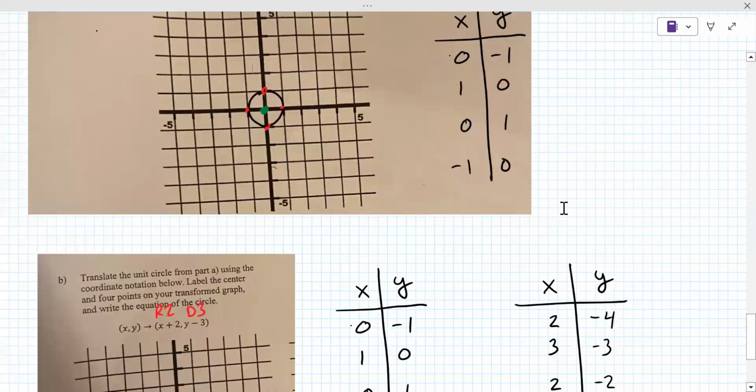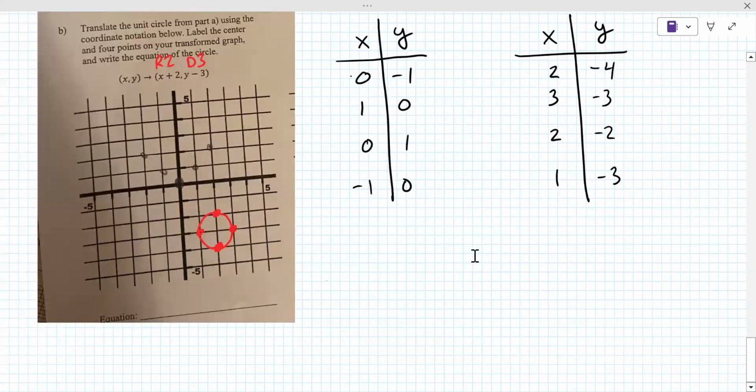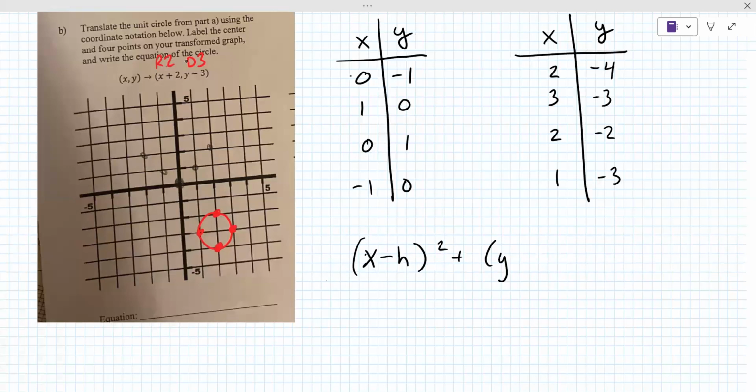For now, so you get to pre-calculus conic sections. Okay, we need to write the equation. So the equation is (x minus h) squared plus (y minus k) squared equals r squared. Your radius has not changed. Your radius is still 1.